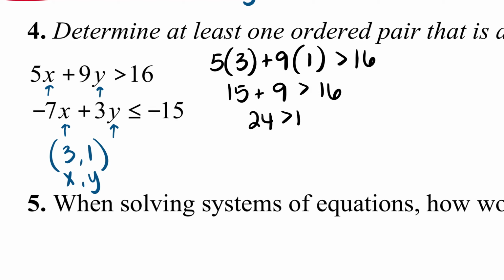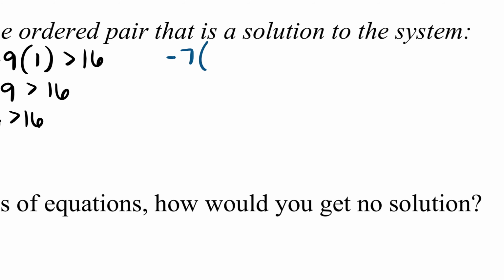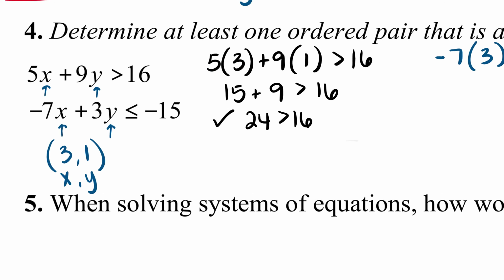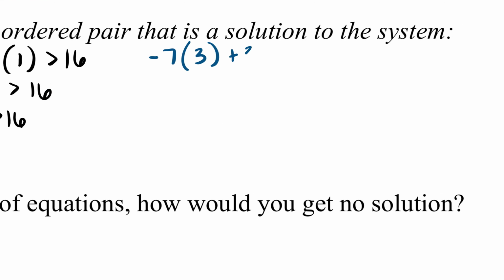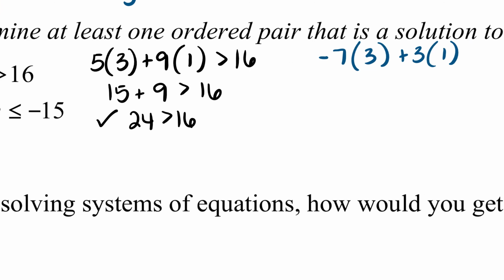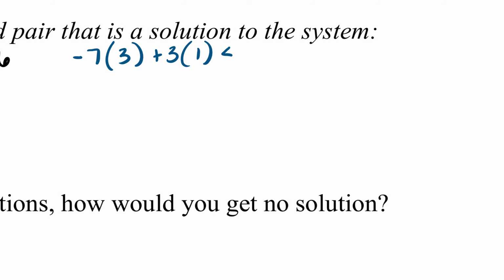Alright, the next one, we have negative 7x. I'm going to scoot over here. So negative 7 times x, which is 3, plus 3 times y, which I picked as 1, is less than or equal to negative 15.